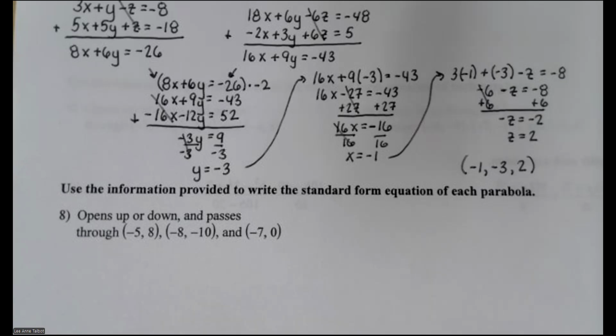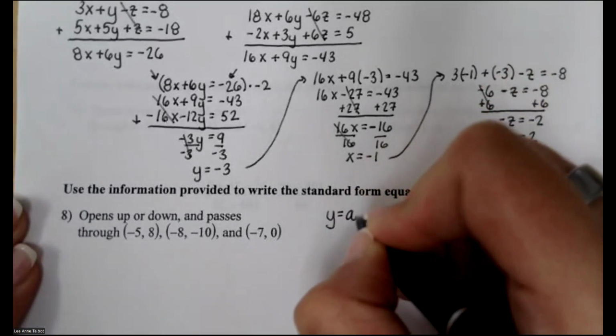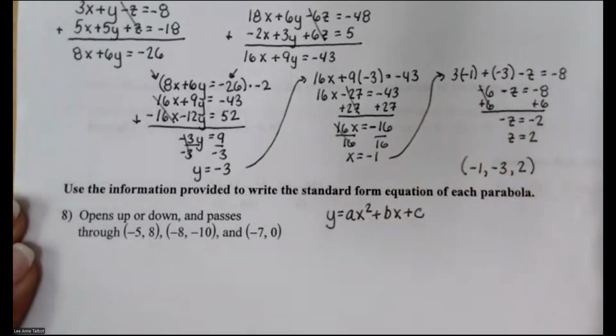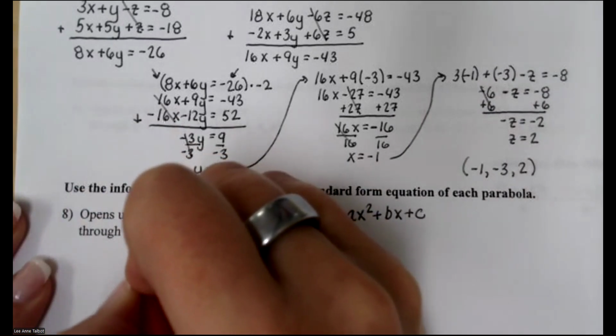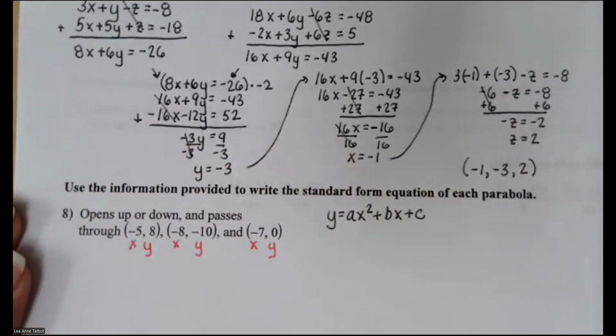Anyway, okay. Last one. So standard form: y equals ax squared plus bx plus c. x y, x y, x y.